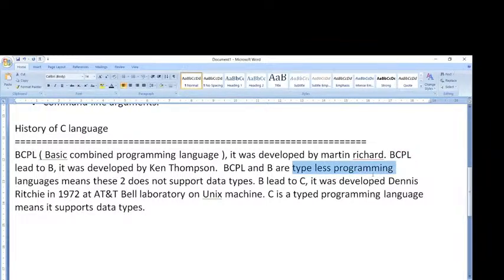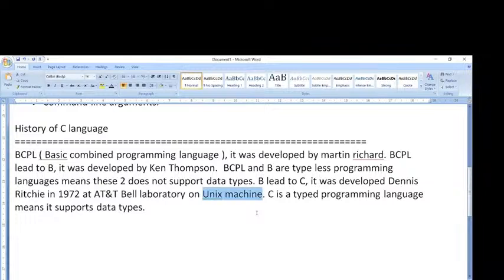The meaning of typeless is that it doesn't support data types. From language B, a new programming language was developed that is called C. C was developed in the year 1972 at AT&T Bell Laboratory on a Unix computer, on a Unix machine. Actually, C is a typed programming language, meaning it supports data types. Clear?